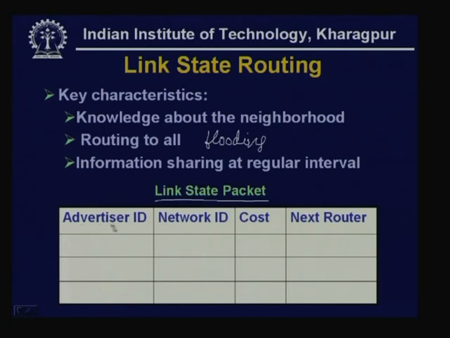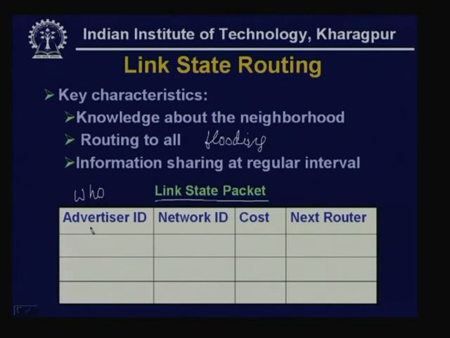This is the advertiser ID, that means who is sending the packet, because although information gathering takes place from the neighborhood, it is sent to all other nodes. As a consequence, the nodes should know who is doing the advertisement or who is passing on the information.